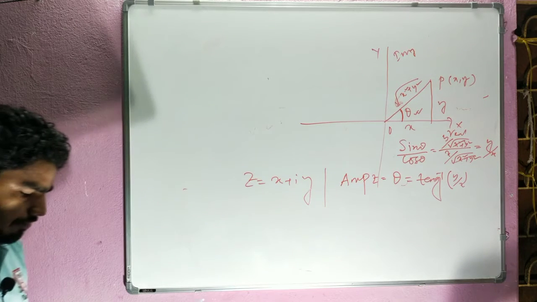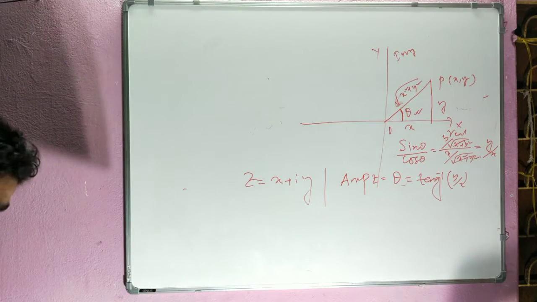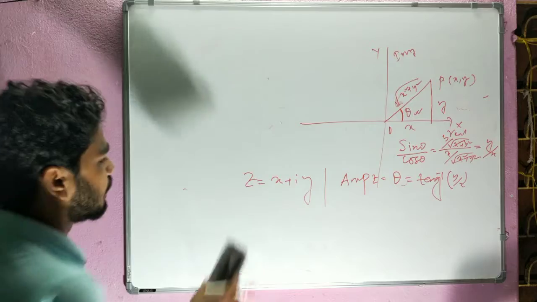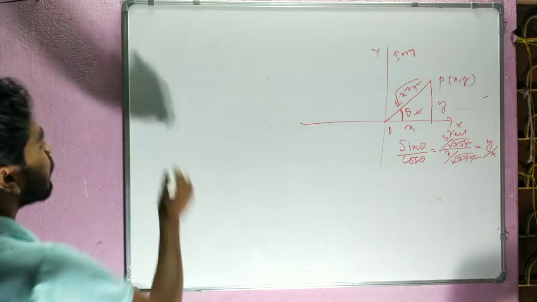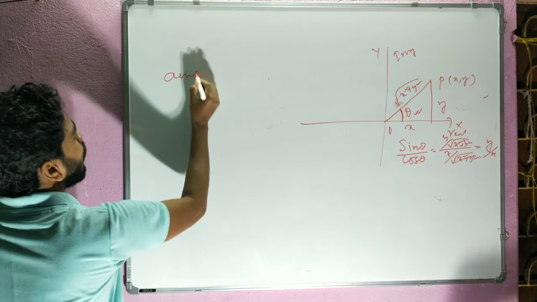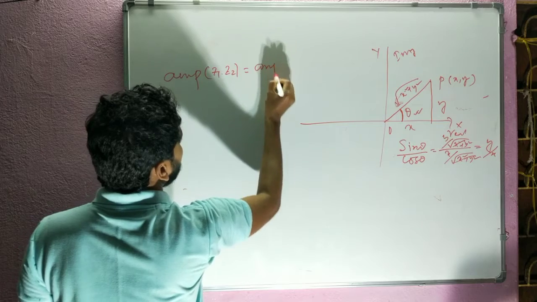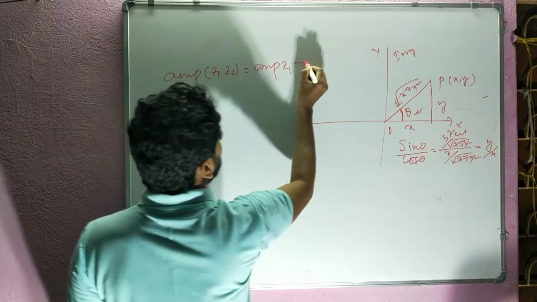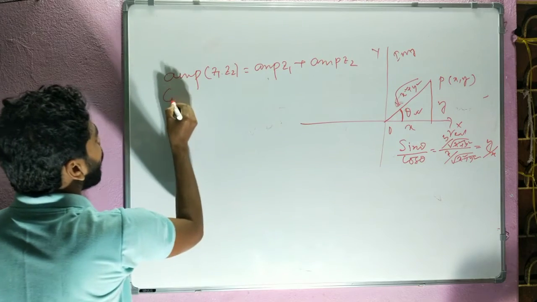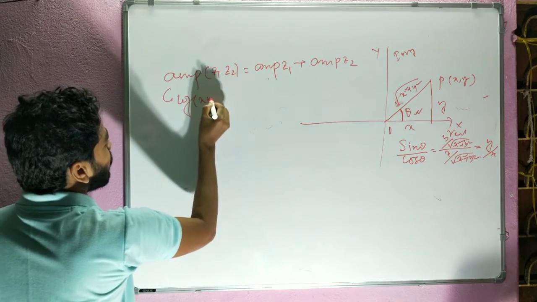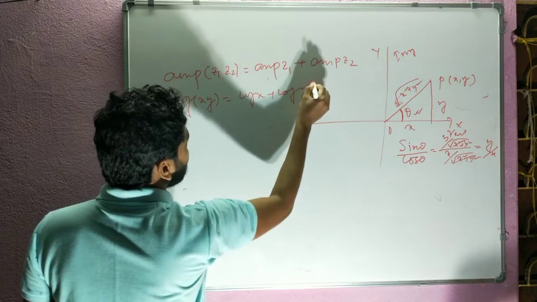Next, properties of the complex number. Amplitude property: amplitude of z1 z2 equals amplitude of z1 plus amplitude of z2. This formula reminds us of log x plus log y, the same formula.